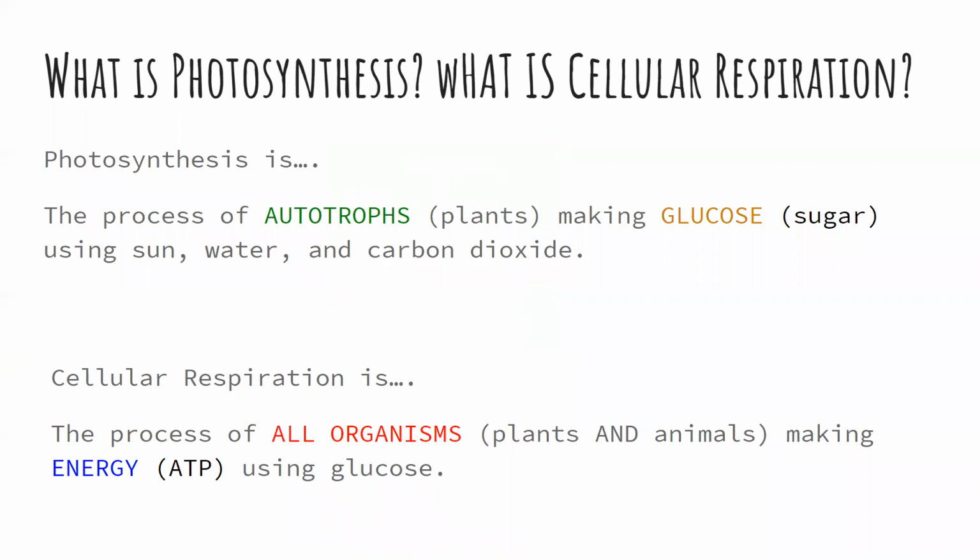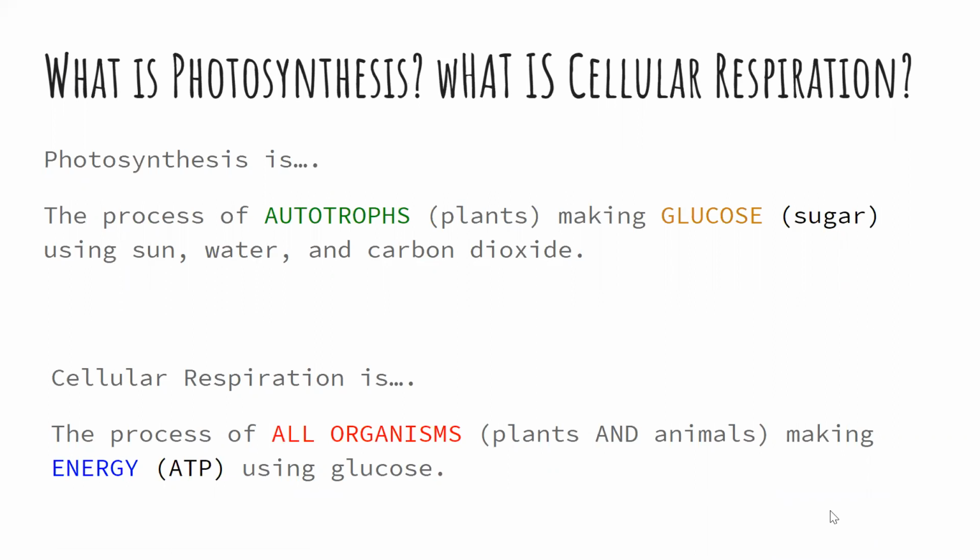So what is photosynthesis? What is cellular respiration? Photosynthesis is the process of autotrophs, or plants, making glucose using sunlight or solar energy, water, and carbon dioxide. Glucose is sugar or food for the plants. So photosynthesis is the process of plants making their own food.